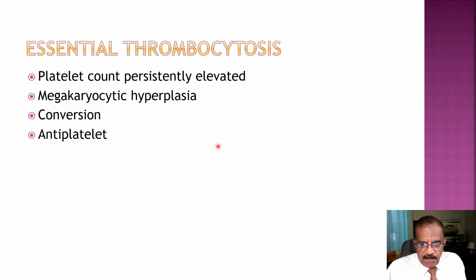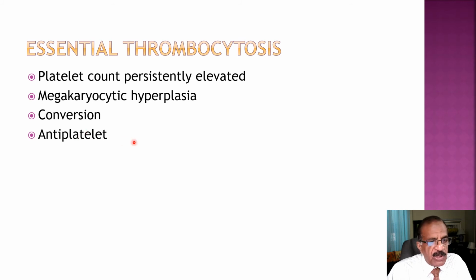In treatment, we normally recommend antiplatelets. The problem with essential thrombocytosis is that it can predispose to not only thrombosis but also bleeding. So this is a little tricky. If it was just thrombosis, then we would be very keen to give antiplatelets, maybe double antiplatelets.